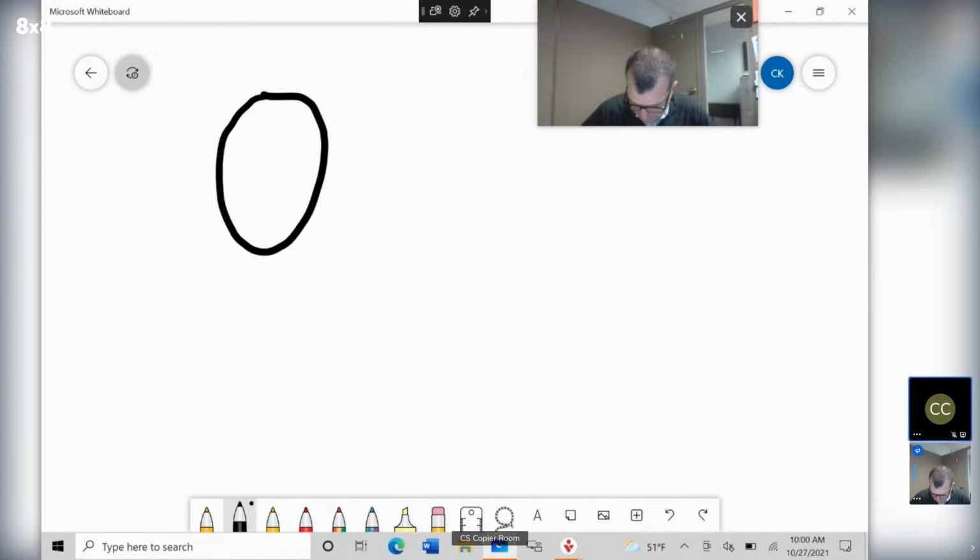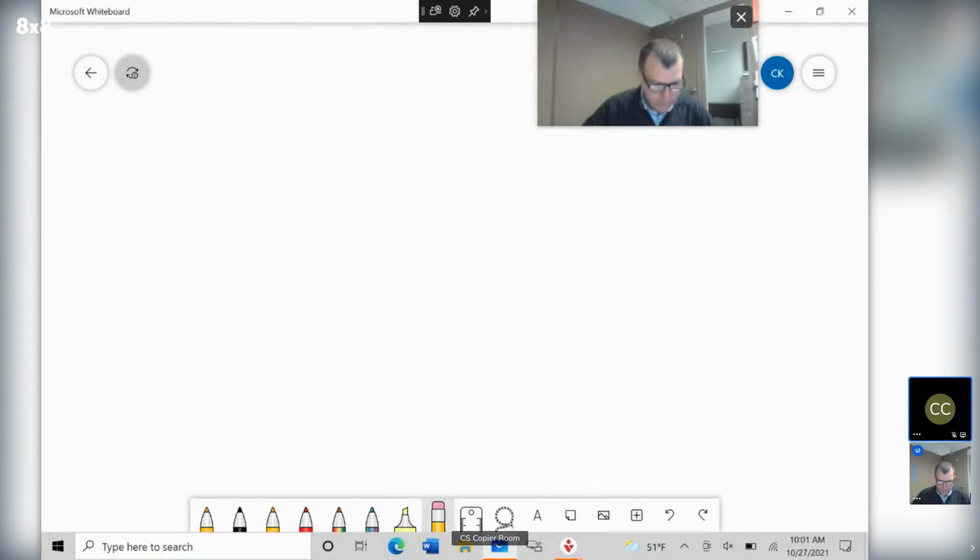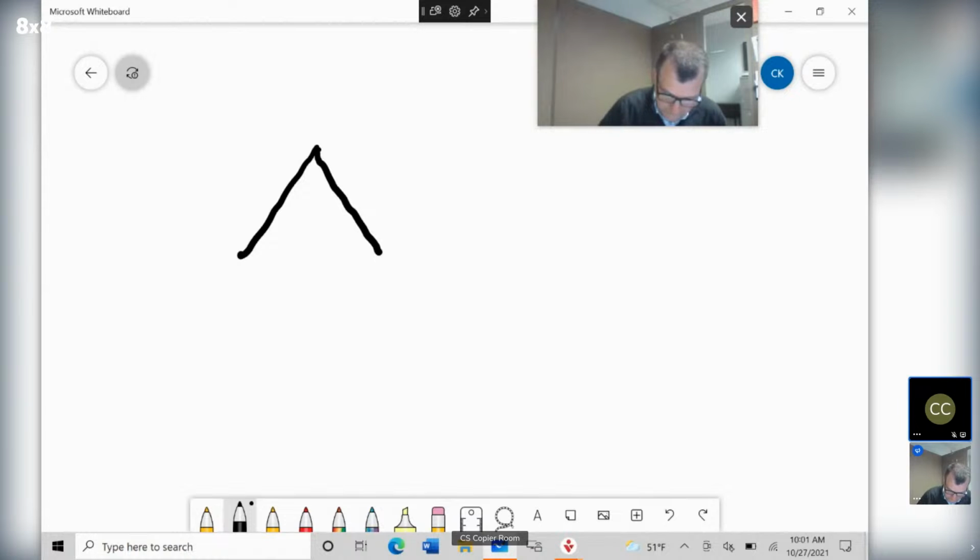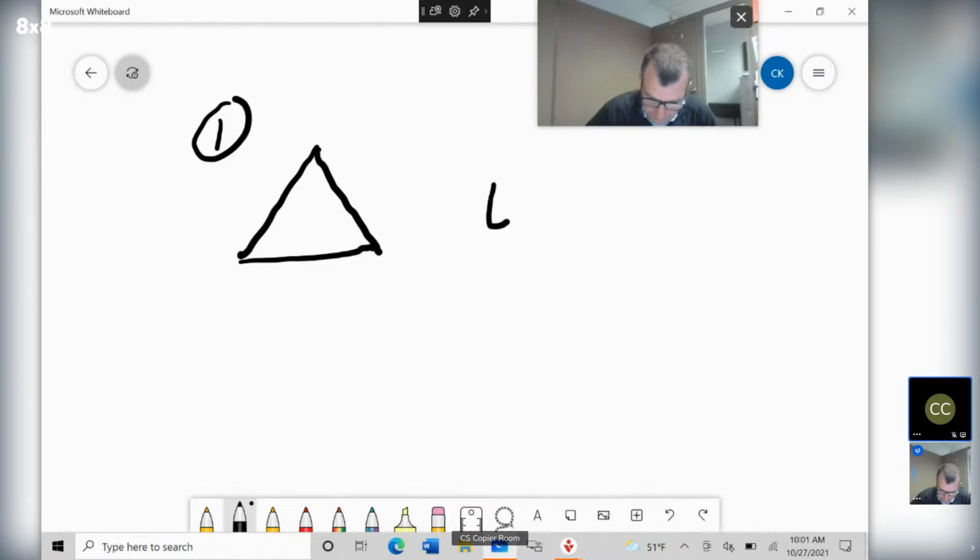The next one I want to look at is some different types of triangles. We have three different types of triangles. The first one would be called an equilateral triangle.